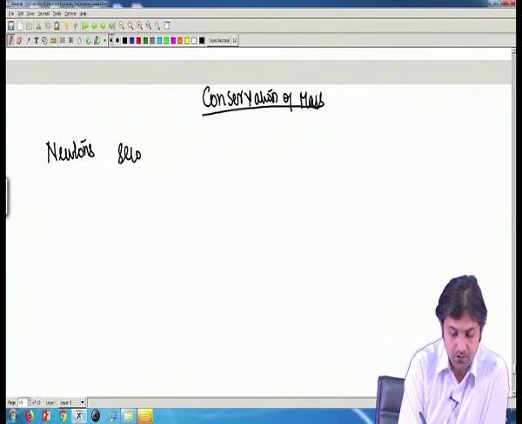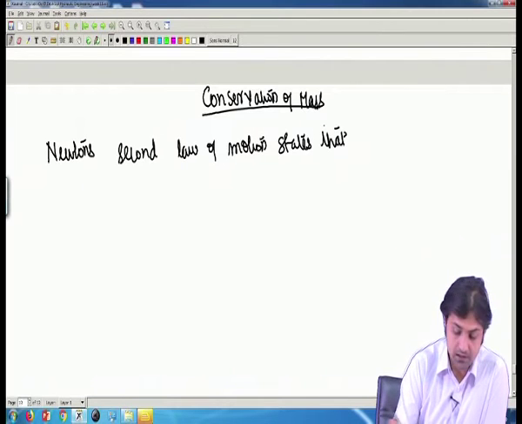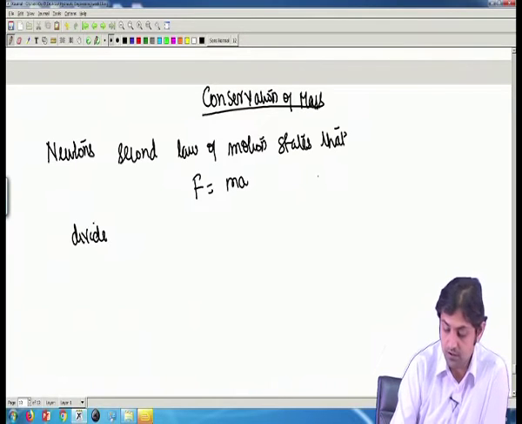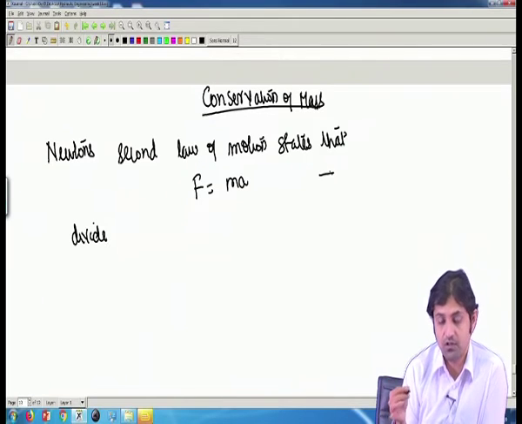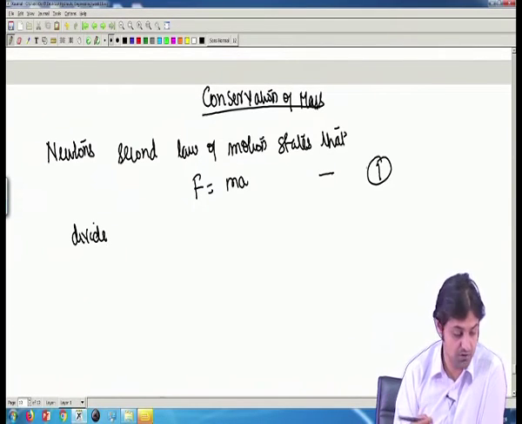Newton's second law of motion states that F is equal to mass into acceleration. So I am again writing equation number 1 because we started a new topic. We call this conservation of mass. So this is equation number 1 in conservation of mass.